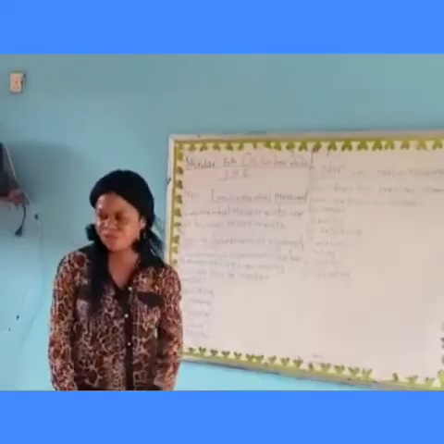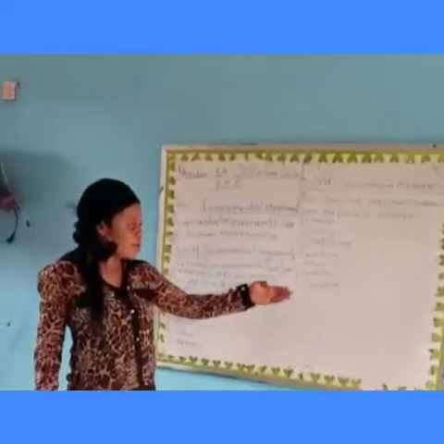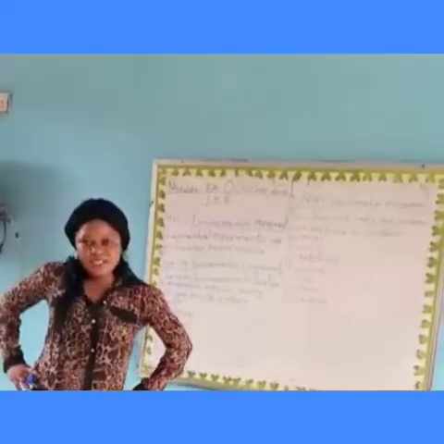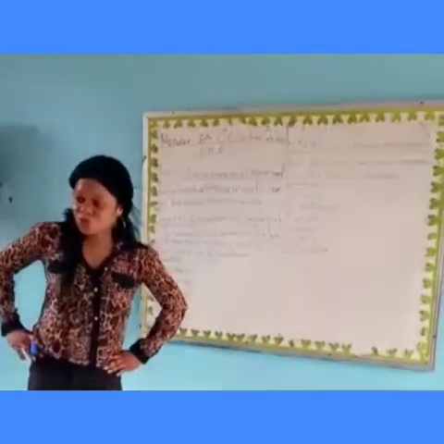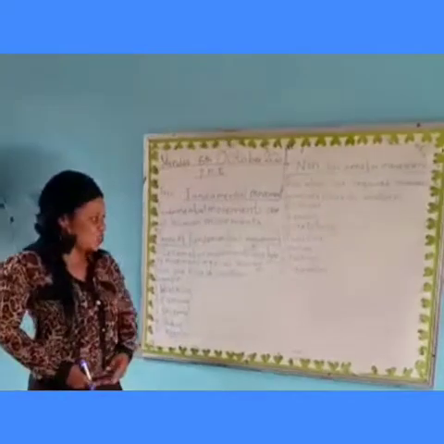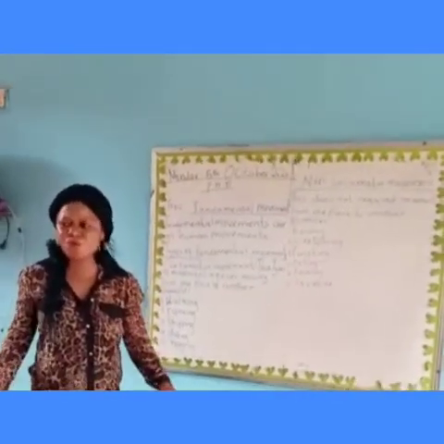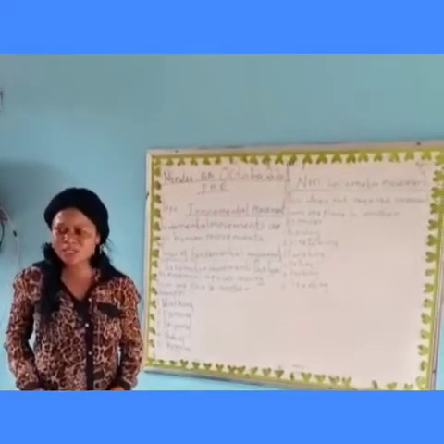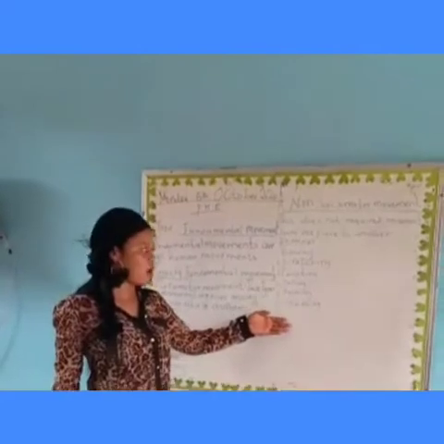I didn't move from here to there, but I am doing something. Then we have twisting. You can twist your waist this way. All the ones I'm doing here, I didn't move. I stood at a spot and did them.